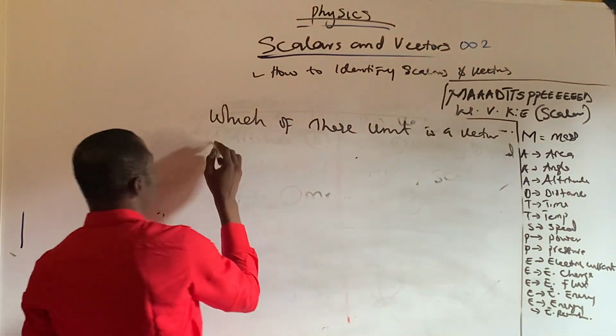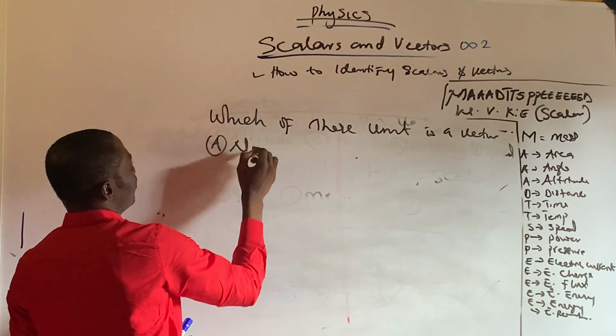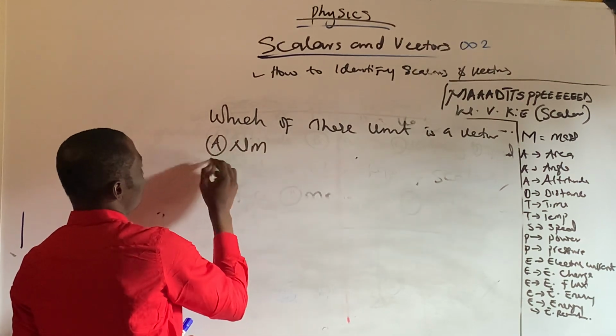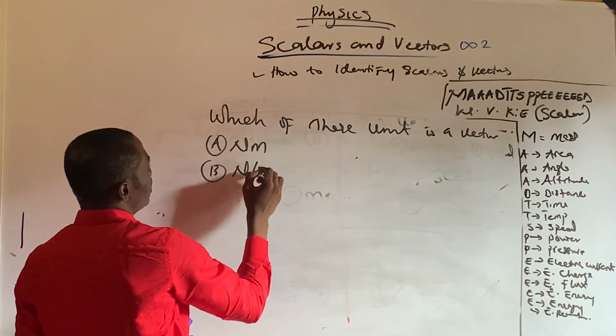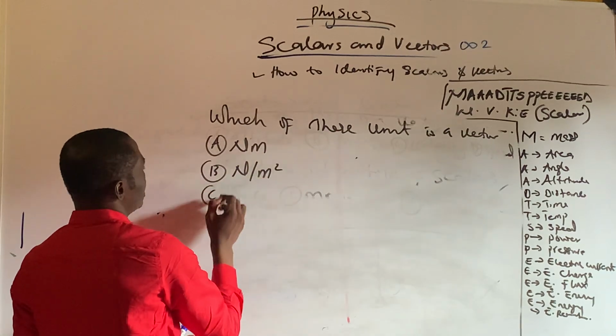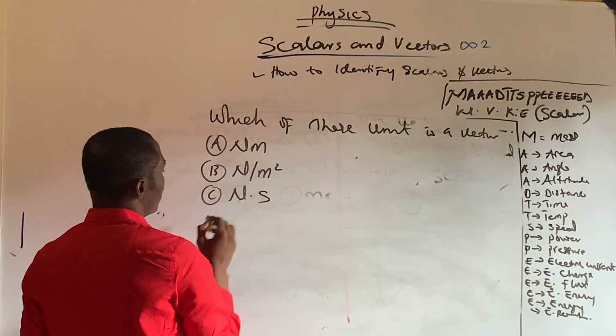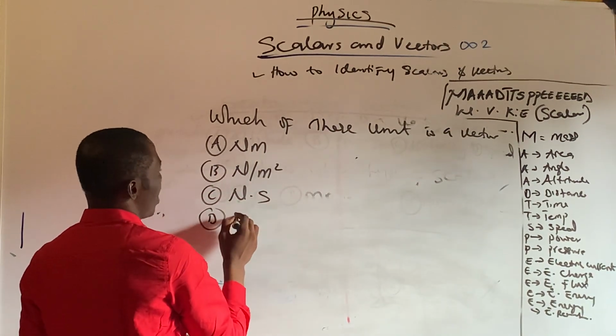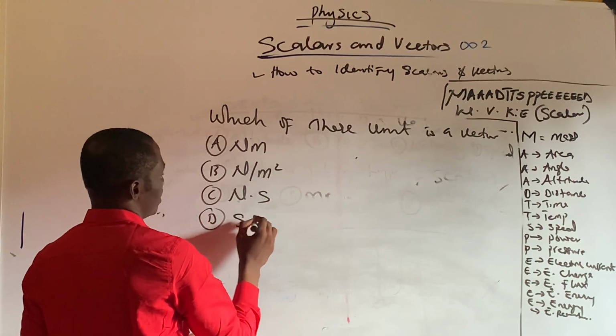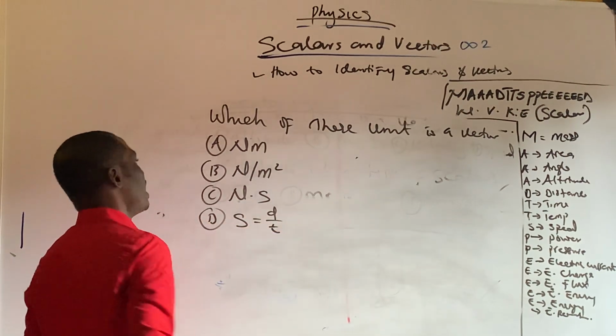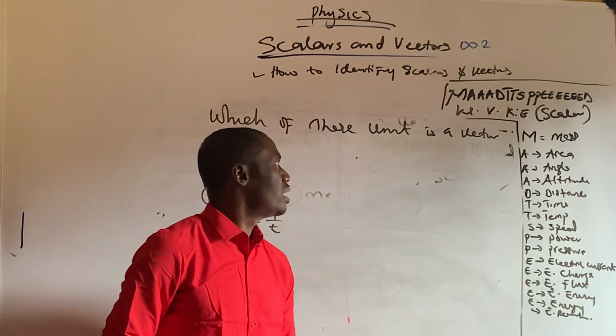You have A, Newton meter, B, Newton per meter squared, C, Newton seconds, and D, S equals D over T. Now, which of these is a vector?